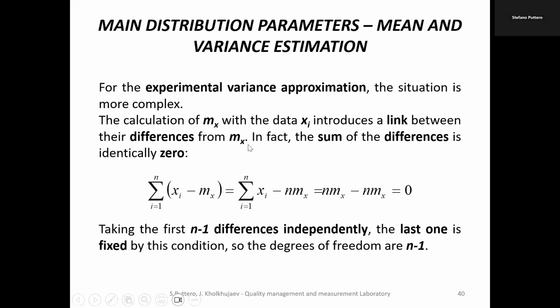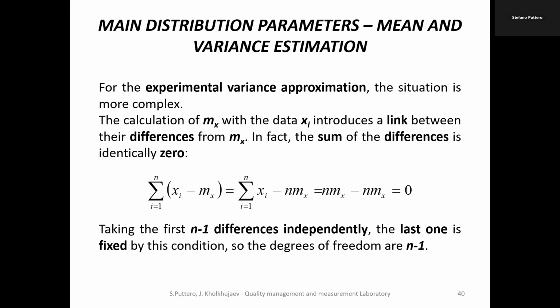On the other hand, for the variance, it's more difficult. Because at first, the first idea, we can try to consider mx instead of mu in the formula of the variance.